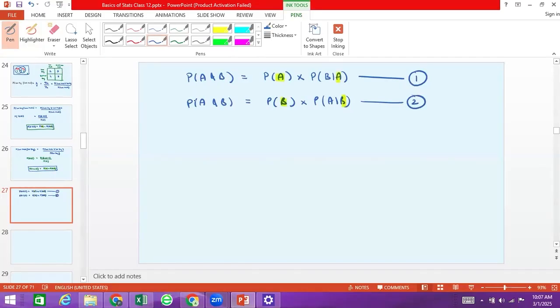Obviously, if the left hand side is same, I can equate the right hand side also. So I can say that probability of A multiplied by probability of B given A is same as probability of B multiplied by probability of A given B, right?